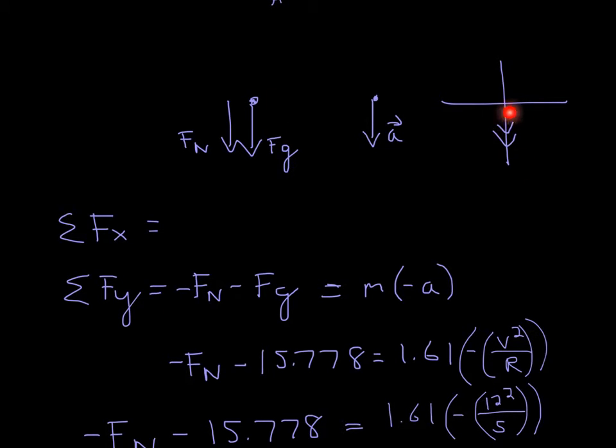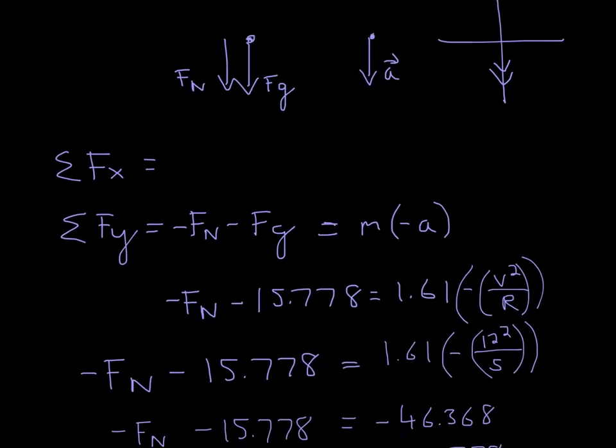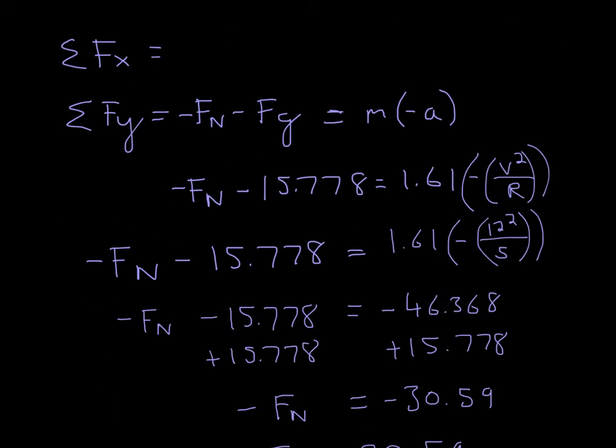Gravity is negative because it's pointing down on the y-axis. And here, it's really important: the acceleration is not positive, it's negative, because it's pointing down on the negative part of the y-axis. Now that we've set everything up, we just plug in the information we're given.